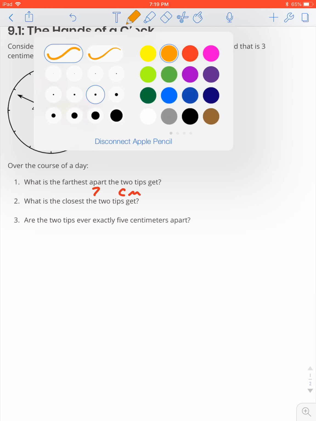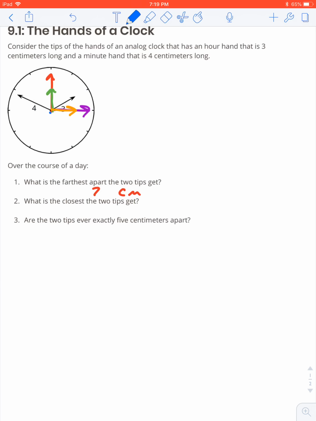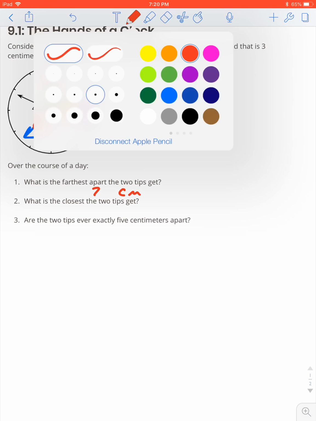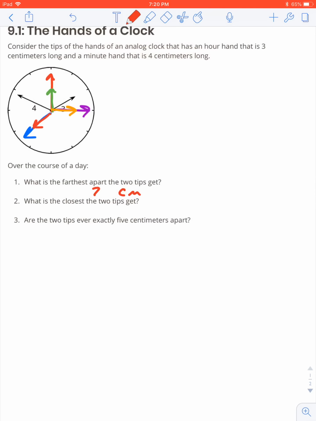However, I could also use something like this, or no, let's not do that one. Let's do this one here. These are just several examples of what the distance is going to be. But if the longest one is going to be 4 centimeters and the shortest one is going to be 3 centimeters, then the closest that these 2 are ever going to get is 1 centimeter apart. That is the closest that the 2 tips will ever get.